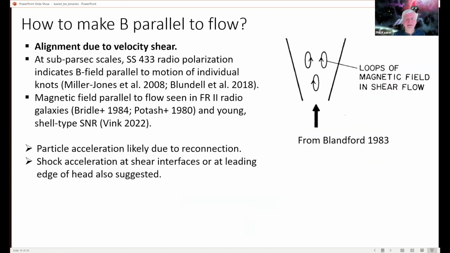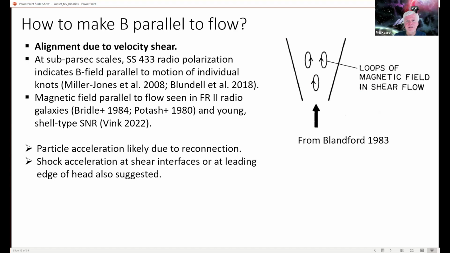Okay, so the key result here is that the field is parallel to the flow and the magnetic field is highly organized. And so the alignment is almost certainly due to velocity shear. You have this jet moving away from the binary system, and you have a magnetic field which is parallel to that jet.